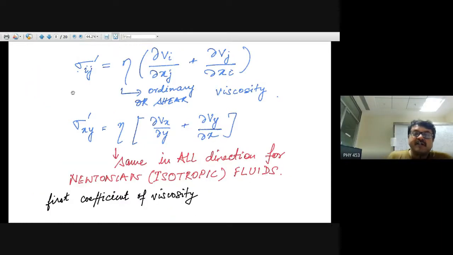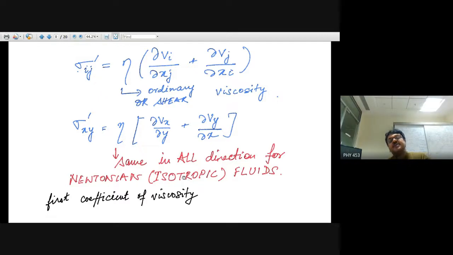The off-diagonal terms are simpler. One can write sigma ij, the viscosity stress tensor sigma dash; in addition, there's the so-called pressure term. Sigma dash xy equals eta times the sum of del Vx del y and del Vy del x. This assumes that there is only one coefficient, that viscosity is the same in all directions.